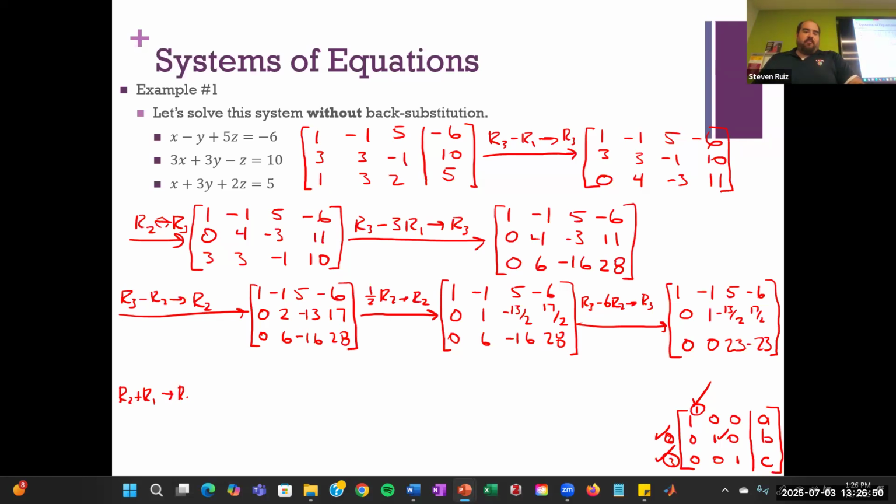Row 2 plus row 1, back to that row. Five minus 13/2 minus 3/2. And then 5/2.